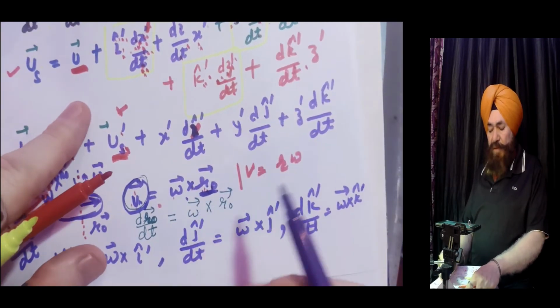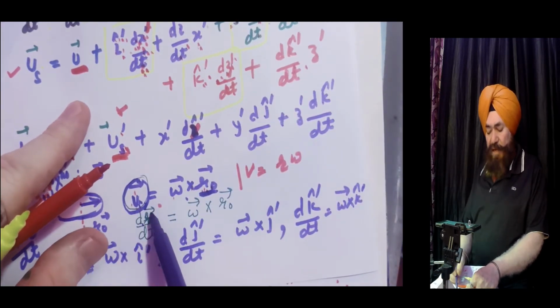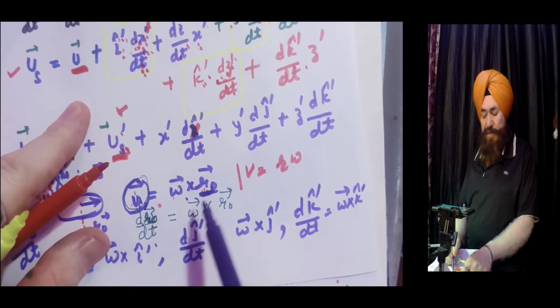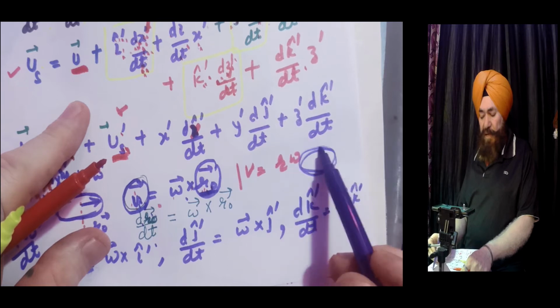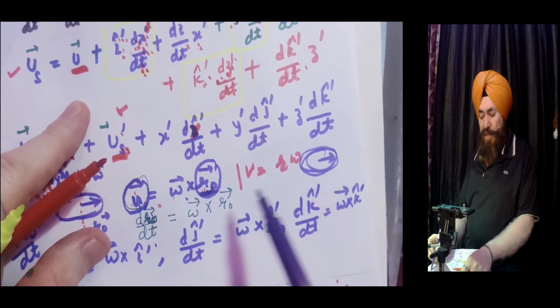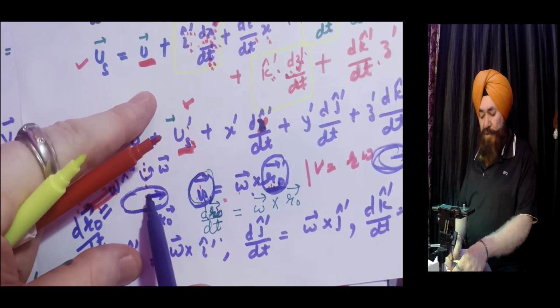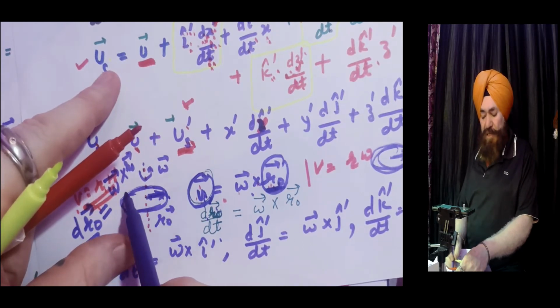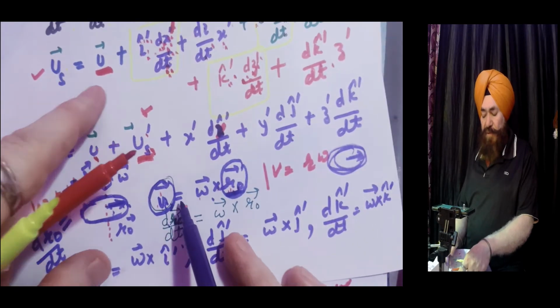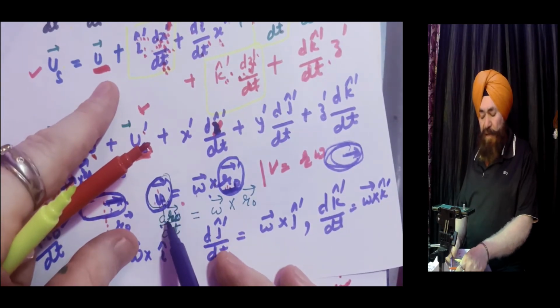In a circle, when a particle is orbiting, this r naught keeps on changing because it is changing direction at every instant. So I am writing v as d r naught upon dt.